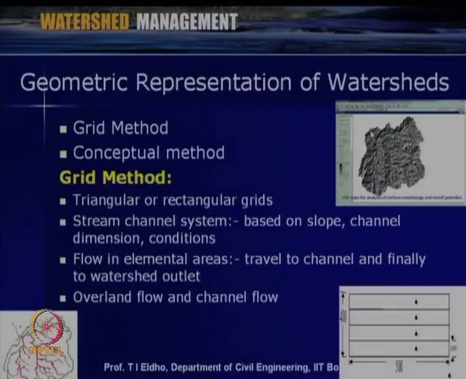If this is the watershed outlet, the flow travels from one grid to another grid, to an adjacent channel and finally to the outlet of the watershed.